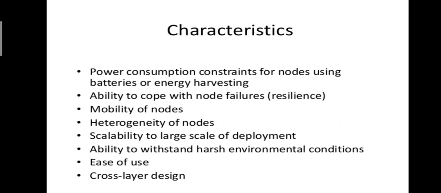The characteristics of WSN are mobility of nodes, heterogeneity of nodes, ability to withstand harsh environment conditions, use of cross-layer design, and power consumption constraints for nodes using batteries or energy harvesting, and many more characteristics are listed.